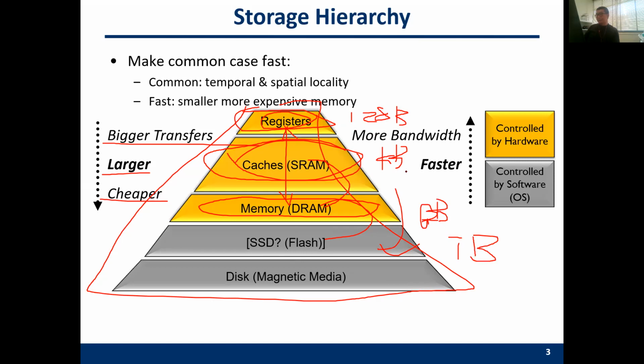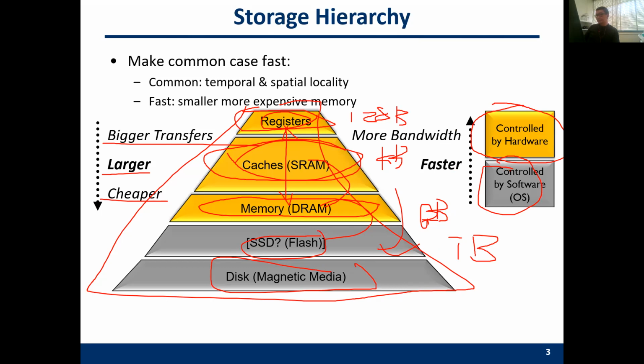These three layers are managed by the hardware. Managed by the hardware means that you cannot change them. You cannot modify them. You have no influence on them. Some hardware controller can do that. But the disk, or even larger magnetic disk, is managed by the operating system.